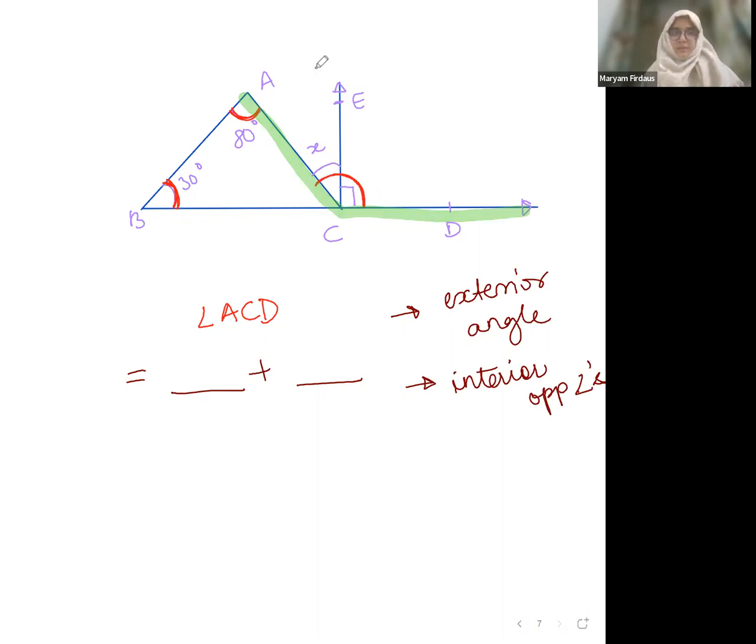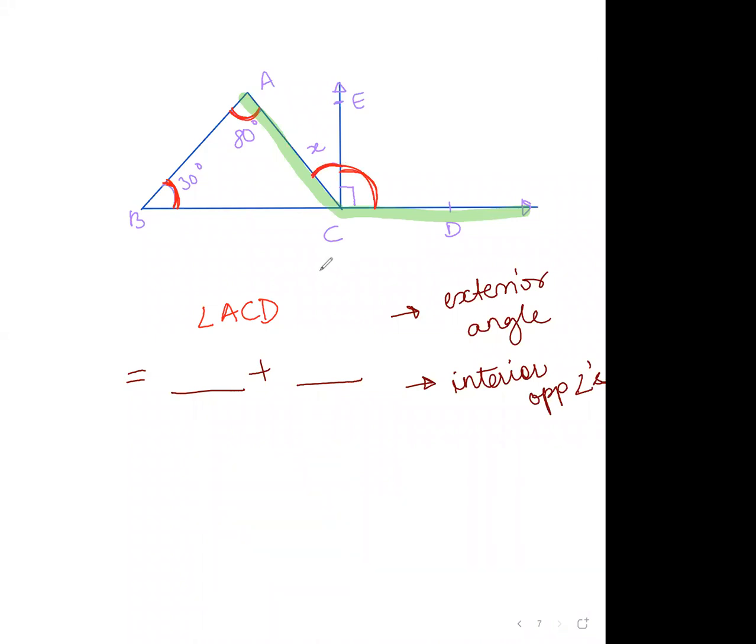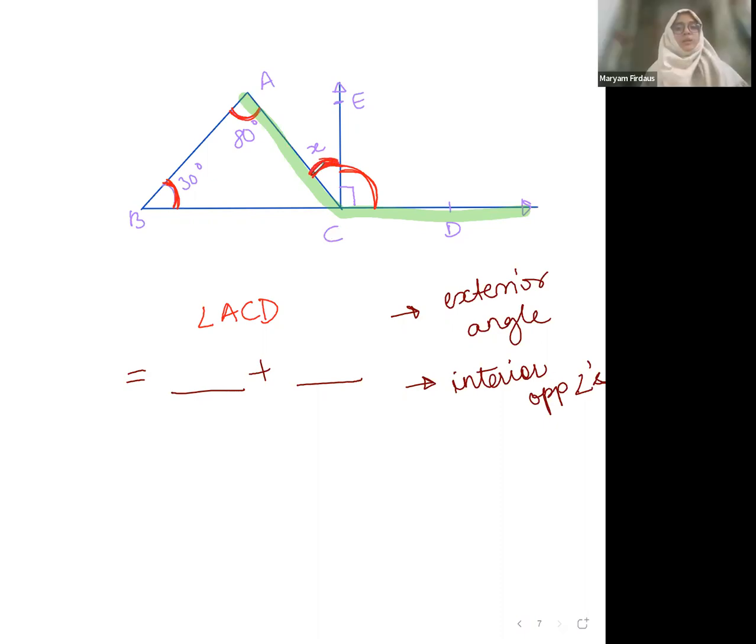Can you see it? Is it clear? Yes. This big red angle is made up of this angle plus this angle. Yes or no? Yes. Right? So this small angle is what?